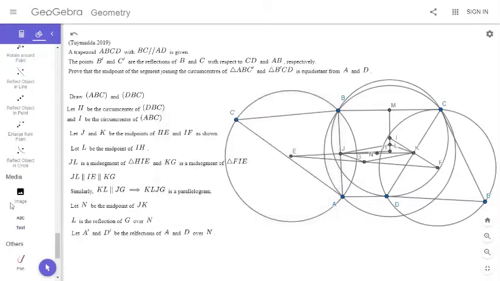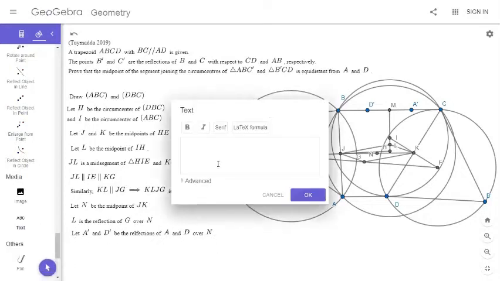All right. So that means that by symmetry A prime M equals D prime M. And that means that L A prime equals L D prime.